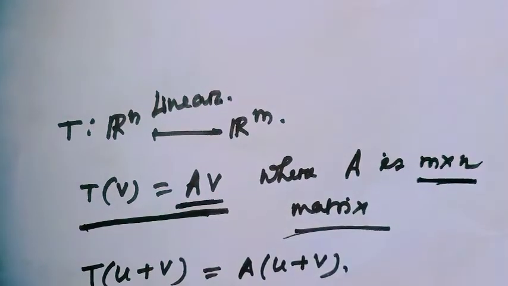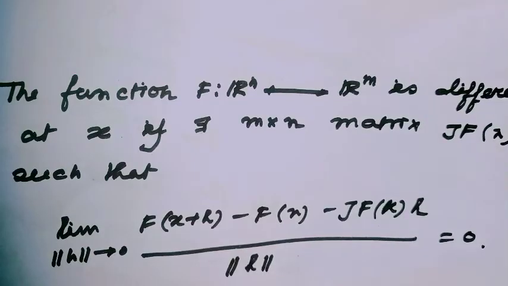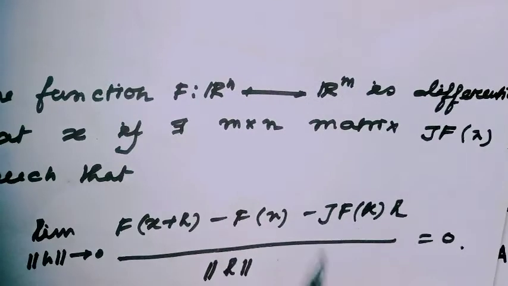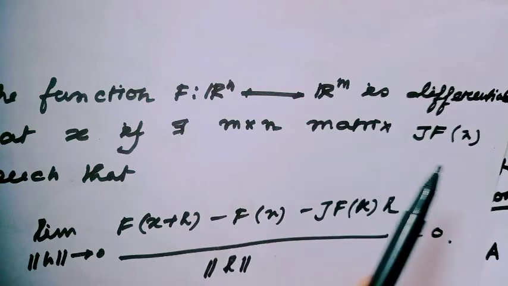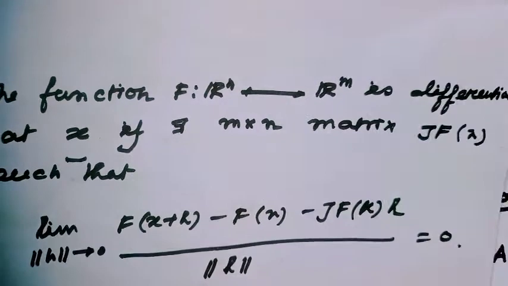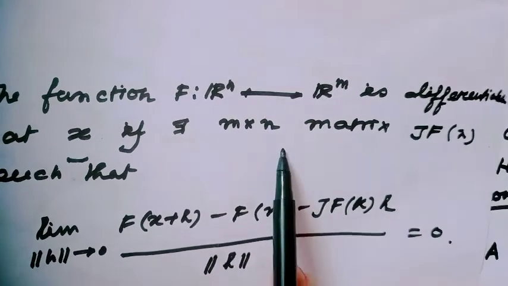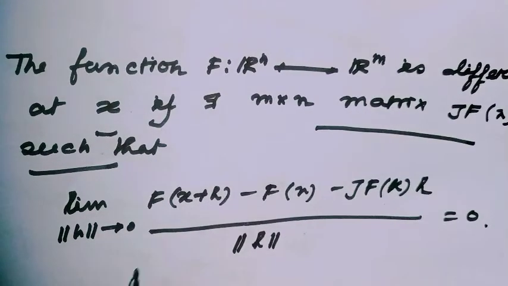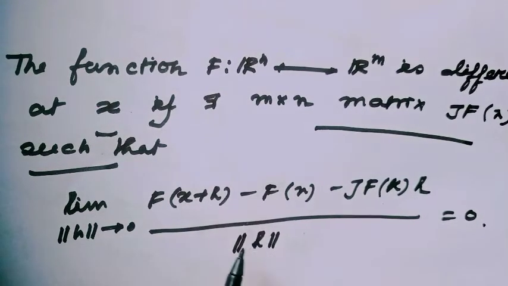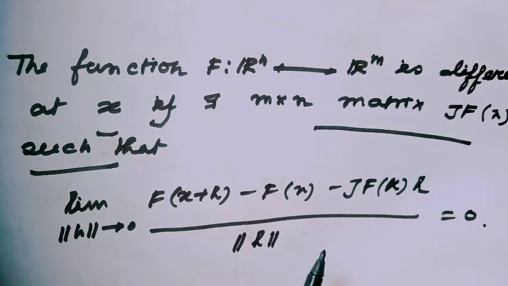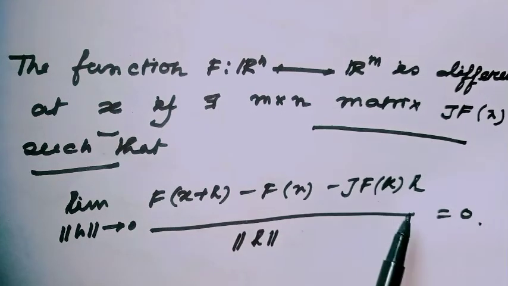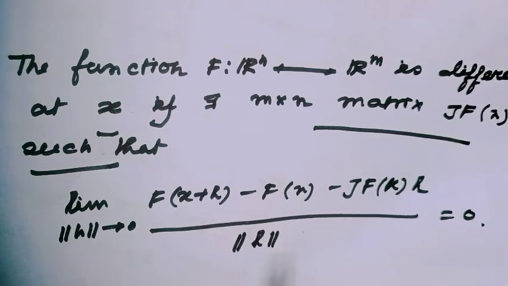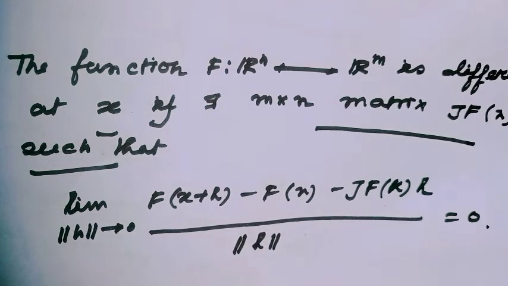Okay, in my earlier video I had discussed that the function f from Rn to Rm is differentiable at a point small x if there exists a Jacobian matrix such that the limit as norm s tends to 0 of f of x plus s minus f of x minus Jacobian of f at x times s, over norm of s, equals 0.